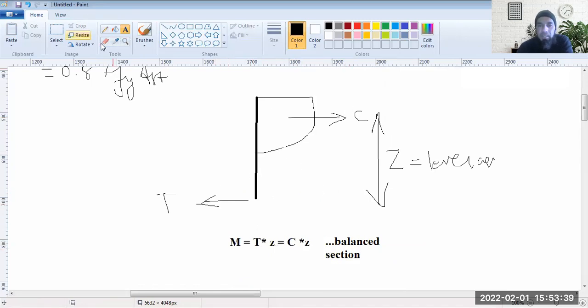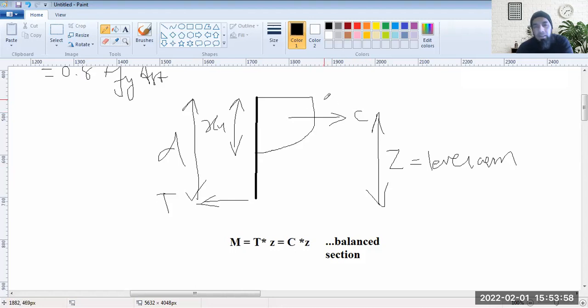Now what is Z here? This Z value, the lever arm, what is its actual value? We know this is XU, and we know this is D. Now C will be acting at some centroid from here, and that would depend on simply C into centroid.